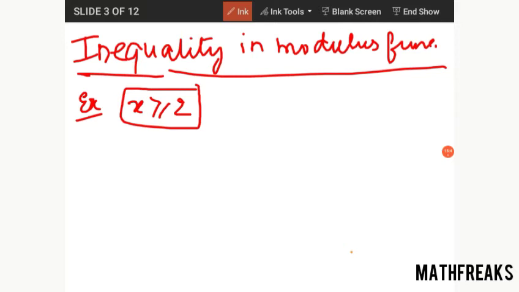Range of x means a set of values, like a region in which if you take any value of x in that region, it will satisfy this inequality. Okay, a range is that if you take any value of x in that range, your inequality will be satisfied. That is what I mean by range.